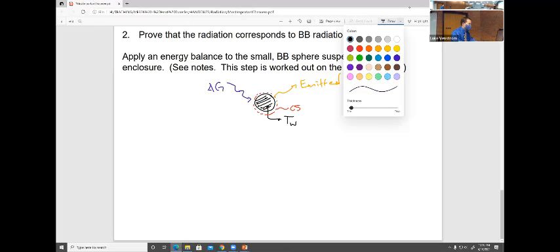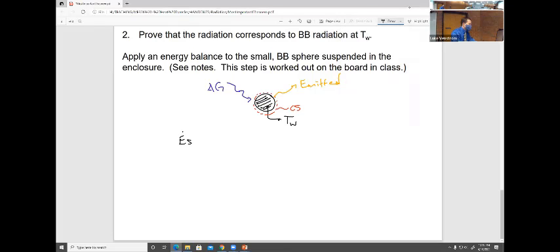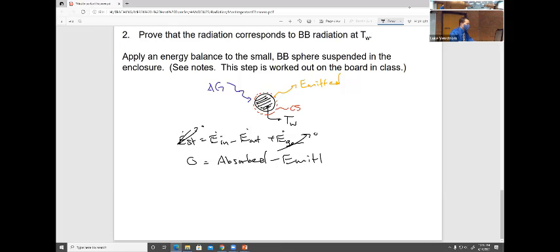So the energy balance says E dot stored is equal to E dot in minus E dot out plus E dot gen. There's no generation, and we're assuming steady state conditions. So what goes in must come out. I have absorbed coming in, and what I have going out is the emitted stuff. So the absorbed must equal the emitted stuff.